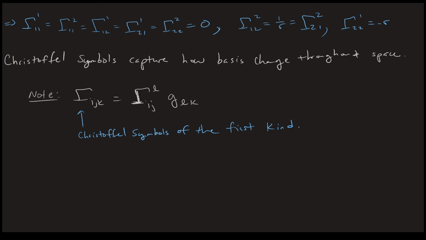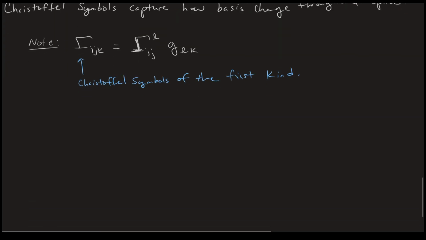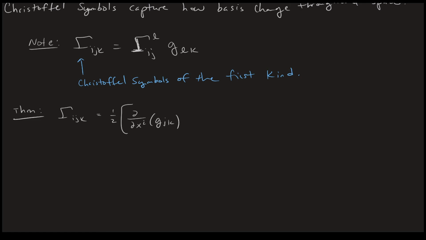Questions? And there's a theorem that says gamma i, j, k down can be written as 1/2 times partial x i of g, j, k plus partial x j of g k i minus partial x k of g i j.